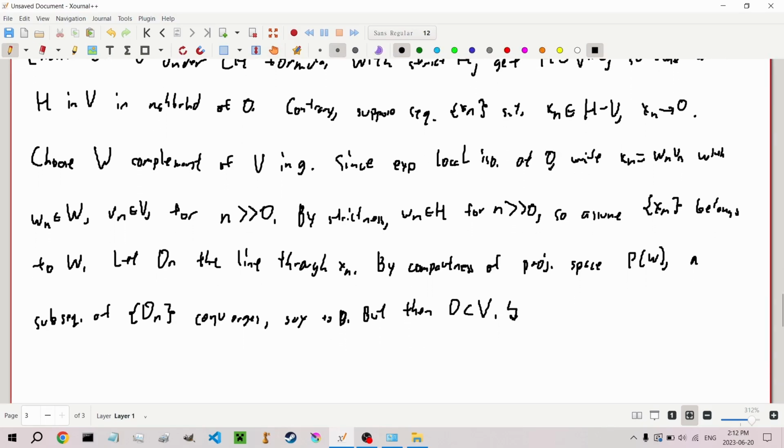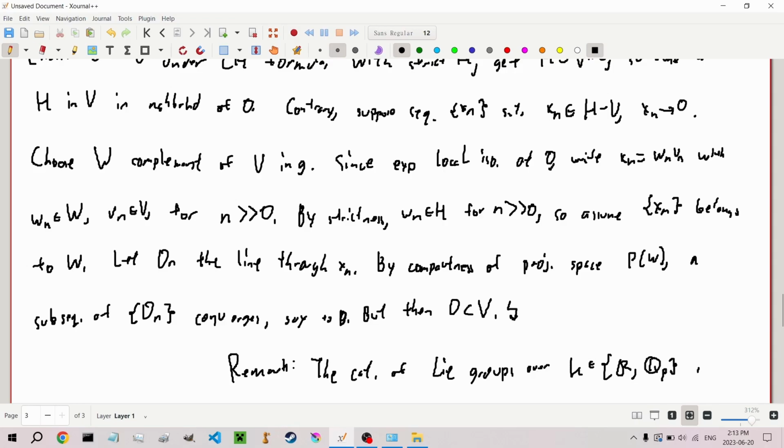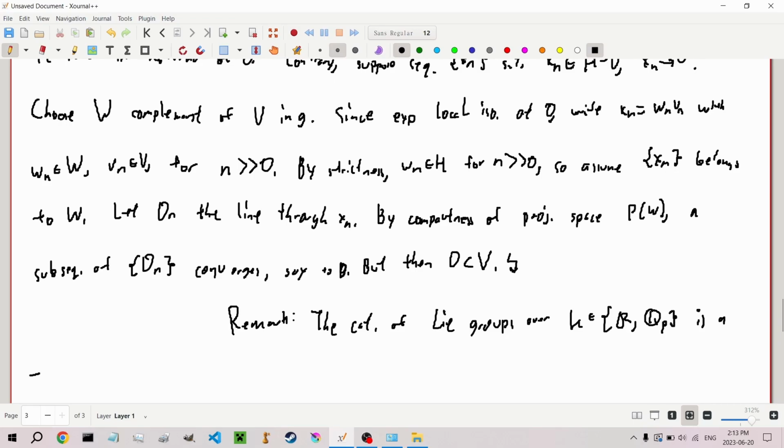And alright, we have one more mark to finish off this whole series. So we've shown that the category of Lie groups over K being real or p-adic is a full subcategory of the category of all locally compact topological groups.